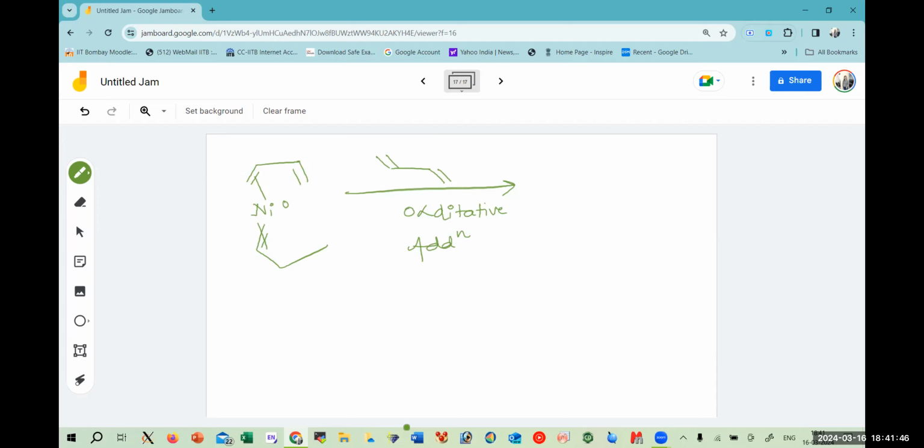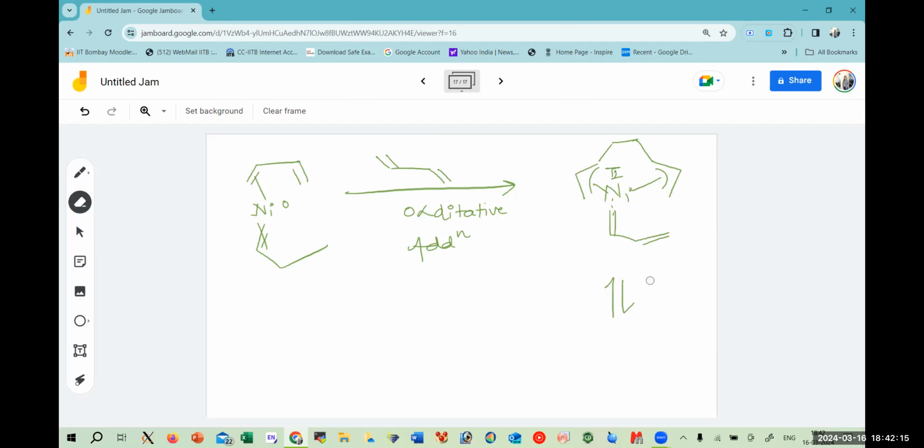So how will it form? This is your nickel, and so again we have this, which is in +2 now because it is a kind of cyclized product.